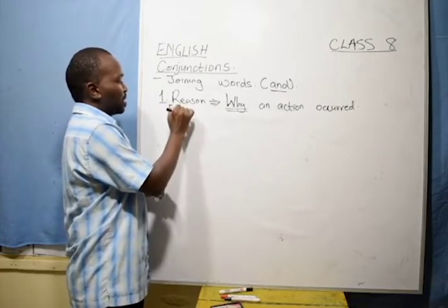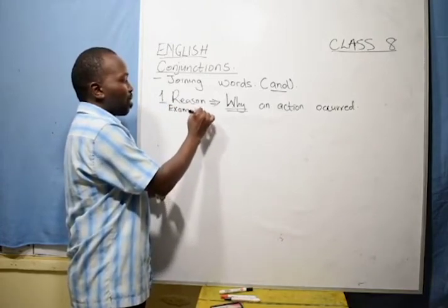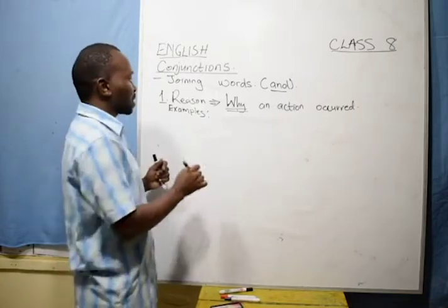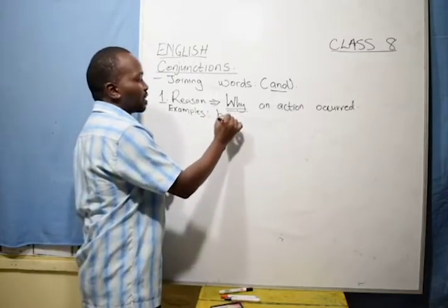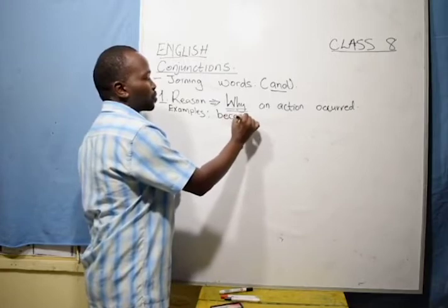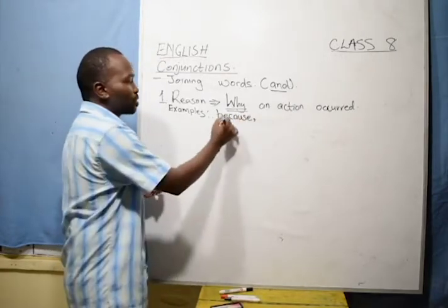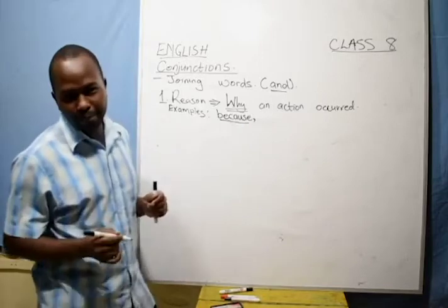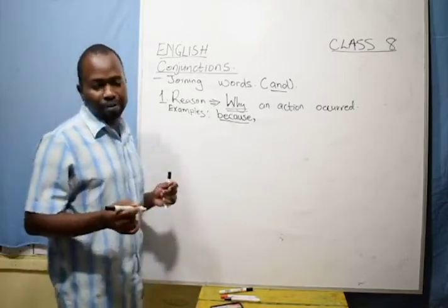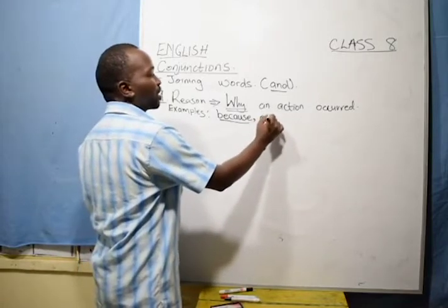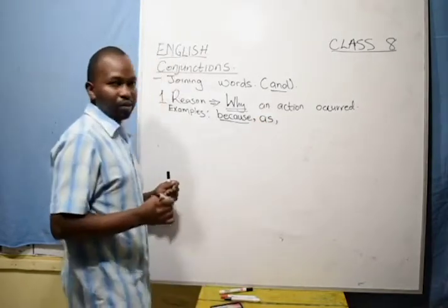Examples of these conjunctions, if I can give you one to start you off, is the conjunction because. Because is going to tell us why. Now, other conjunctions, maybe somebody can try. Very good. You have the conjunction as. Another one.